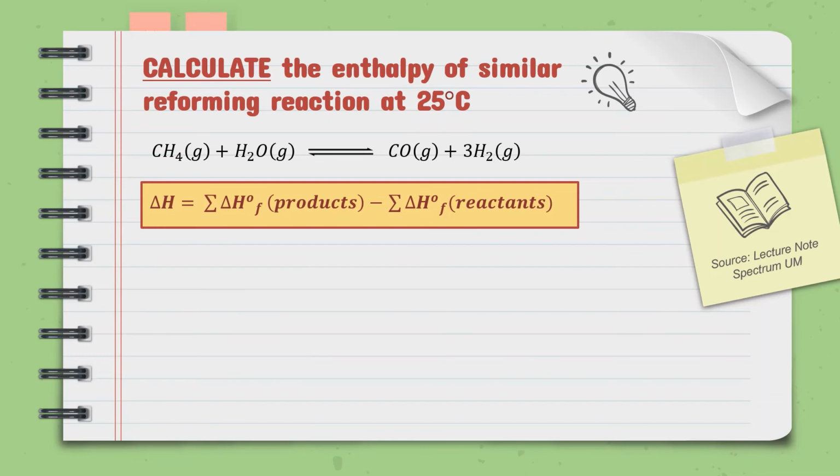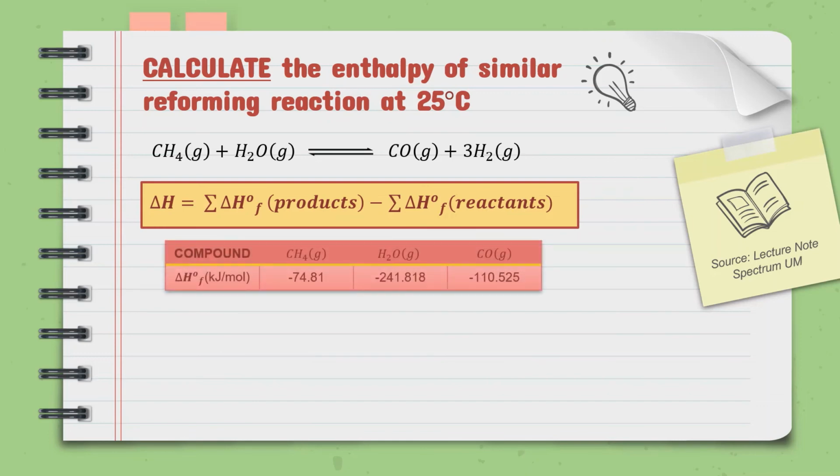So given the enthalpy of formation for each compound in the table, there is no enthalpy of formation for hydrogen gas, as hydrogen gas is already in its elemental state. So to calculate the enthalpy, it is the enthalpy of formation of carbon monoxide minus the sum of the enthalpy of formation of H2O and CH4.